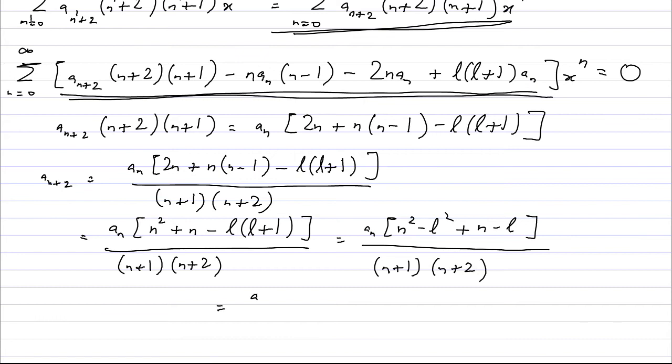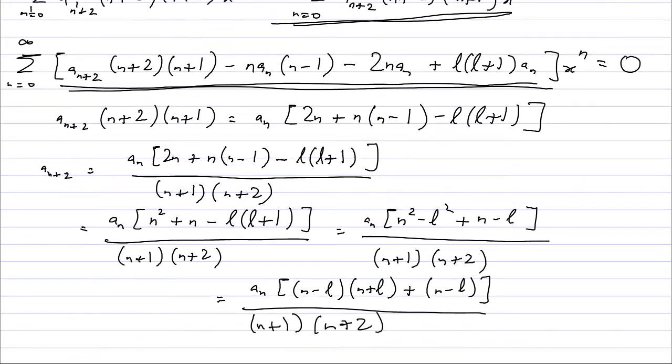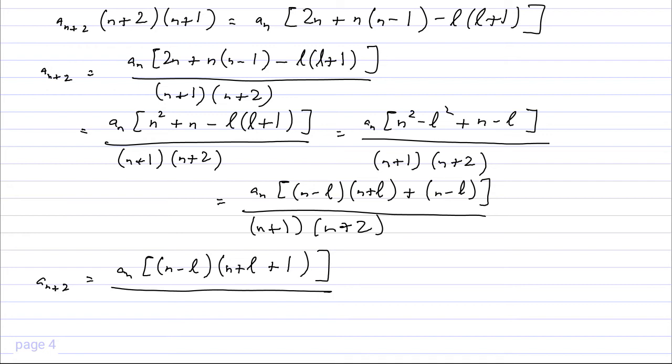And this is equal to a_n times (n minus l)(n plus l) plus (n minus l). And finally you have that a_{n+2} is given by a_n multiplied by, you just factor out (n minus l), so then you're left with (n plus l plus 1). So this is the form in which the recursion relation is usually written.